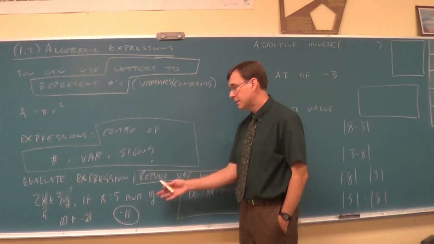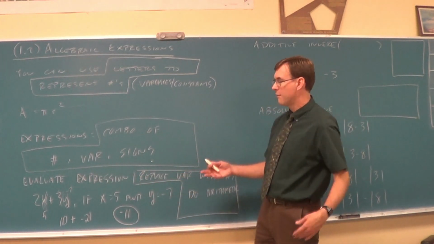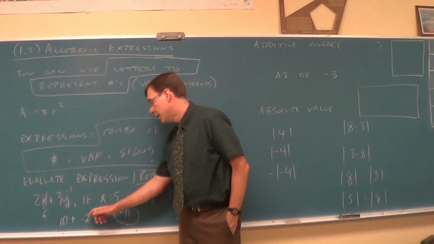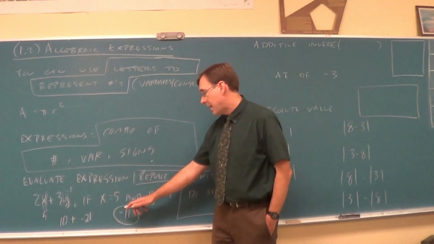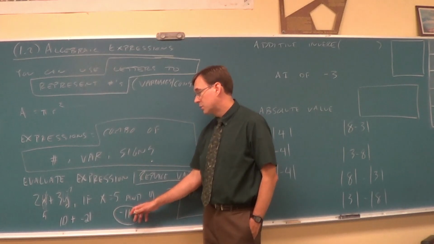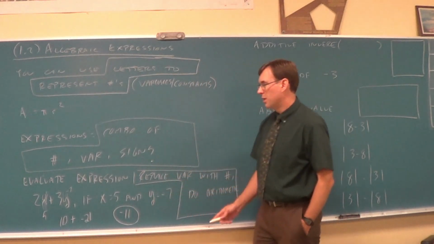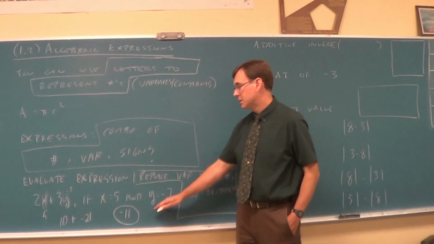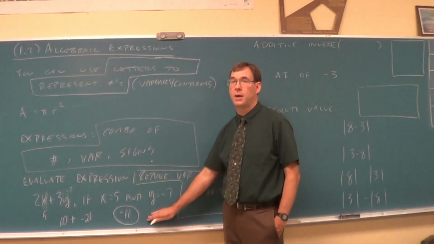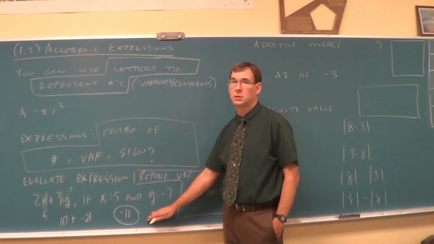General math would spend a lot of time adding numbers like that. And here we kind of take for granted, I'll remind you, when you add one of each kind of number, the sign gets determined by the bigger number and you subtract them. That's why that's negative 11. But if that's not a thing you're sharp at, you might need to sharpen that up somewhere else. But evaluating expressions, question.